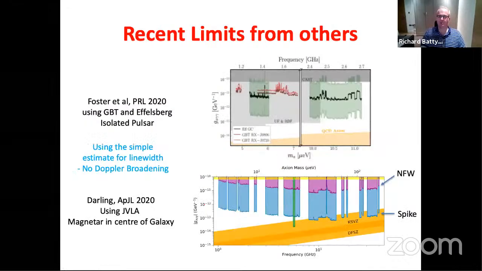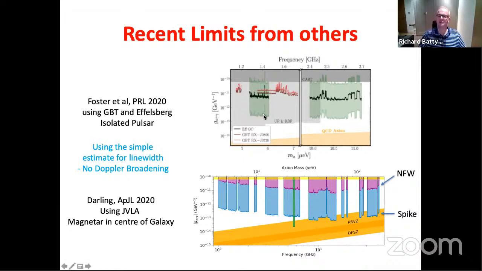People have actually tried to do this with some recent observations. Foster et al. published a paper in PRL in 2020 using the GBT and Effelsberg for an isolated pulsar. They use the simple model for the estimate of the bandwidth, so they ignore this effect of Doppler broadening, which would change their limits by up to a factor of 100.